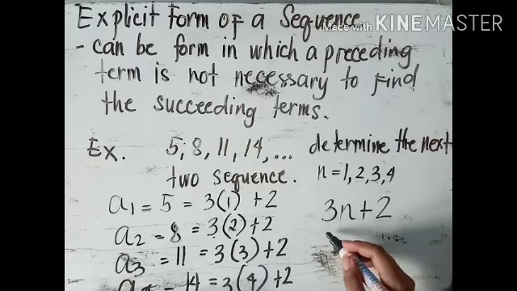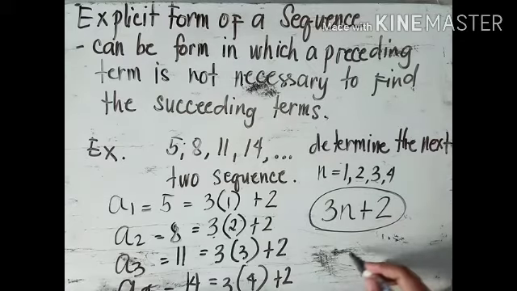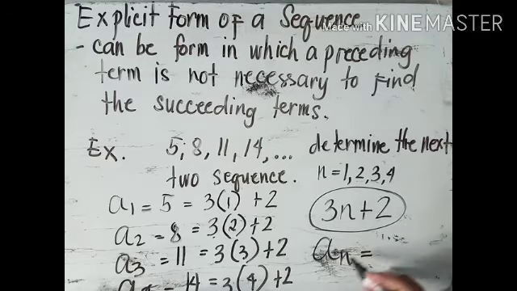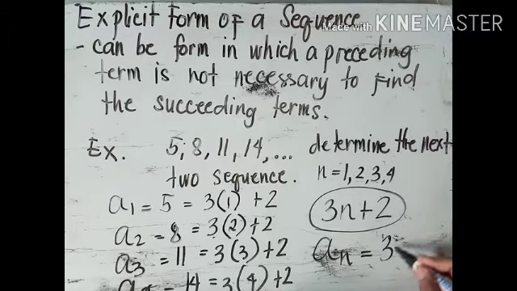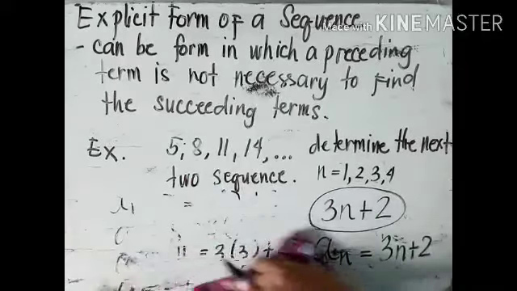So this is now our explicit form of the sequence. We can write a sub n for the unknown term equal to 3n plus 2. Okay, so we are determining the next two terms, right? So we are going to use this now for the other terms of the sequence.